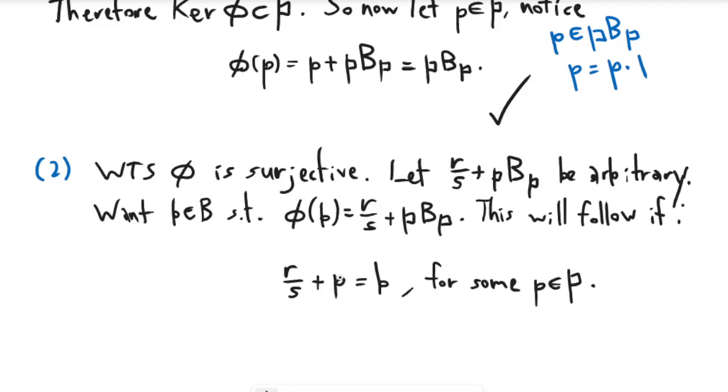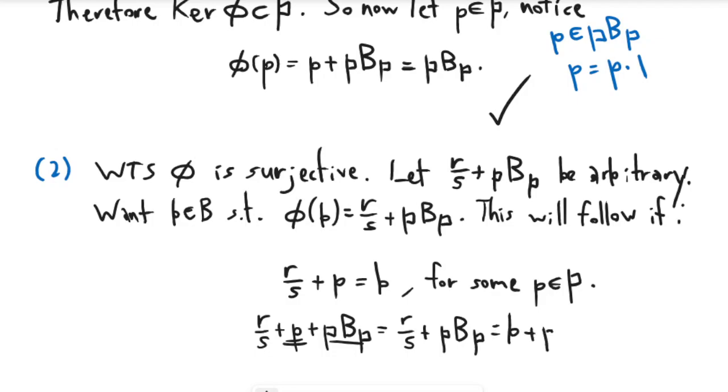Because if this is true, then the coset R over S plus p plus pBp is equal to R over S plus pBp, because p is an element of pBp. And then this is equal to b plus pBp, right? So we want to argue that we can find such an element, p.